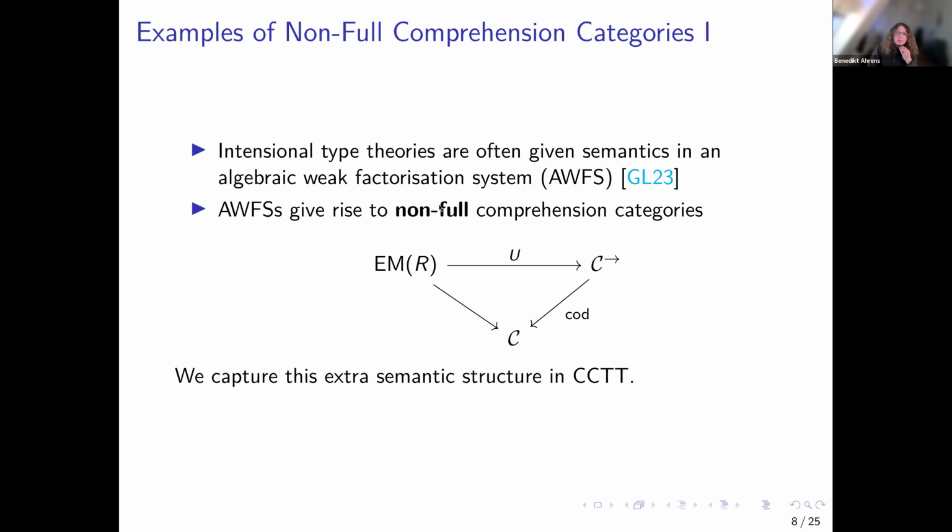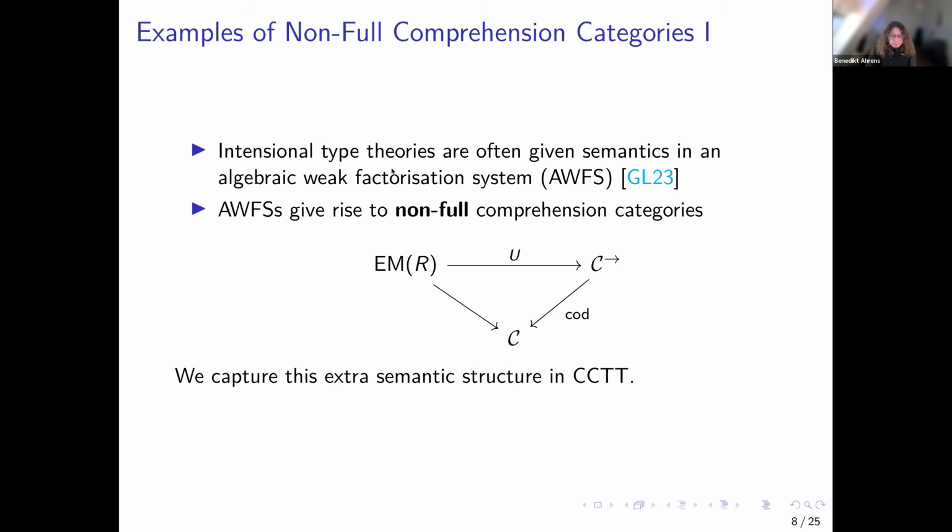Now, you might ask for other interesting examples of comprehension categories with non-trivial type morphisms. Otherwise, this is all not a useful consideration. But yes, there are interesting examples, notably examples arising from algebraic weak factorization systems.